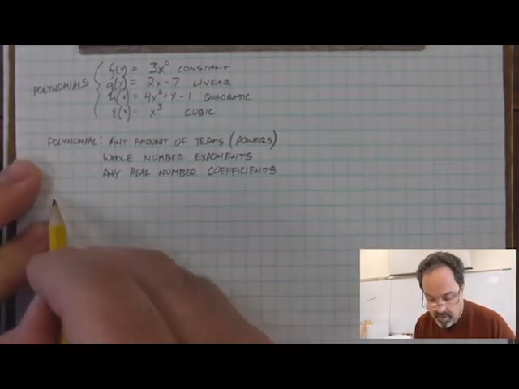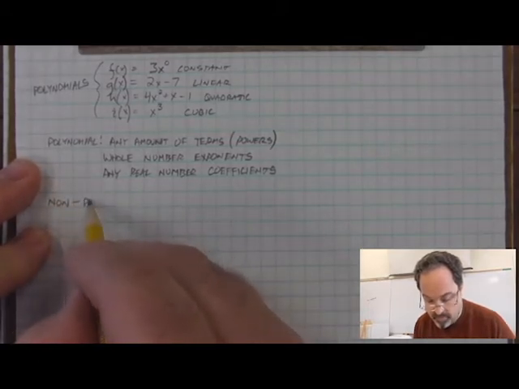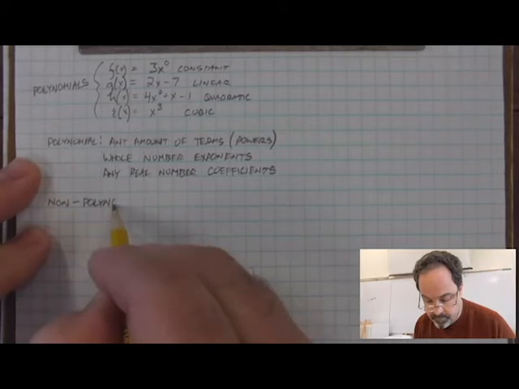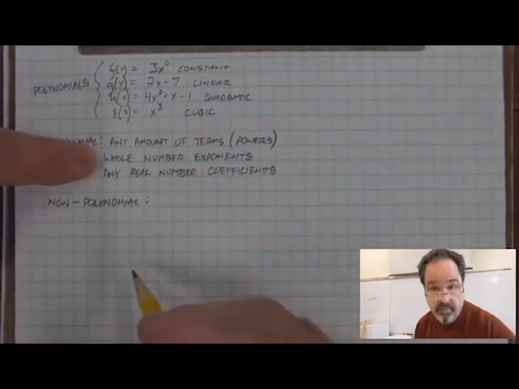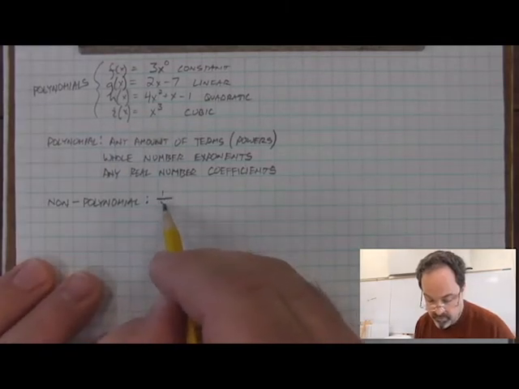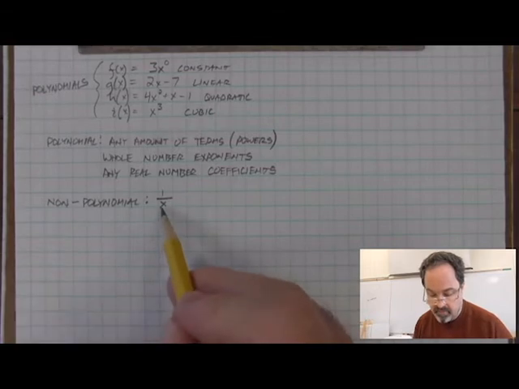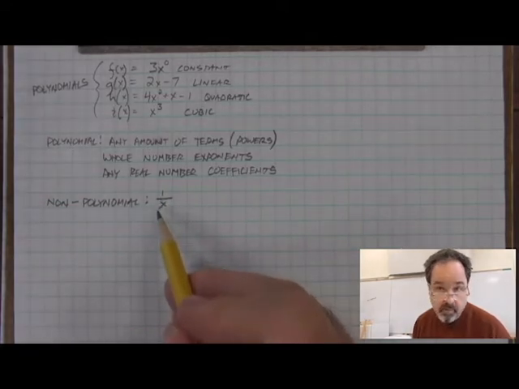So what about non-polynomial terms? What makes something not a polynomial? Well, anything that breaks any one of these rules. For example, any equation that has a 1 over x term or includes it is not going to be a polynomial. 1 over x, if we use a power property, can be thought of as x to the negative 1.